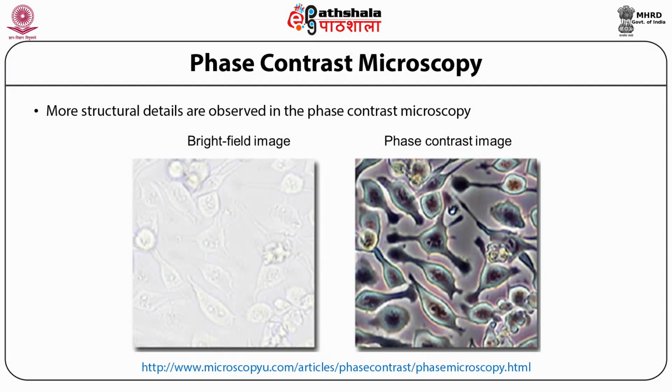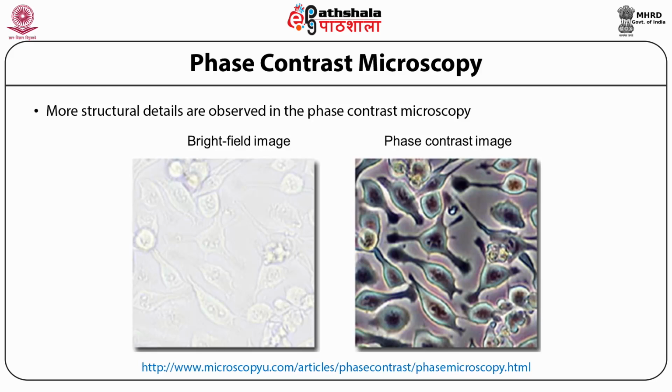The usefulness of phase contrast microscopy, other than seeing the transparent parts of any sample, is that you not only achieve imaging of the transparent samples, you achieve more structural details also. For example, in the image shown here, you compare the images taken by a bright field microscope and a phase contrast microscope, and the differences are very clear, not only in terms of contrast but in terms of finer details as well.